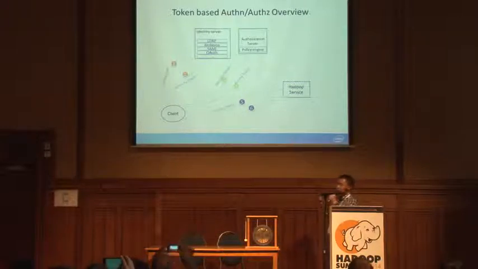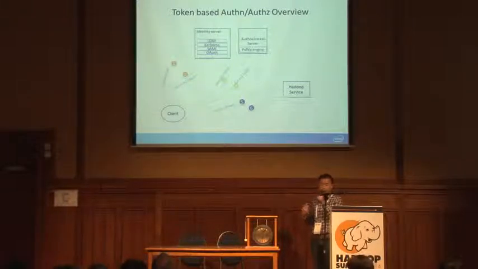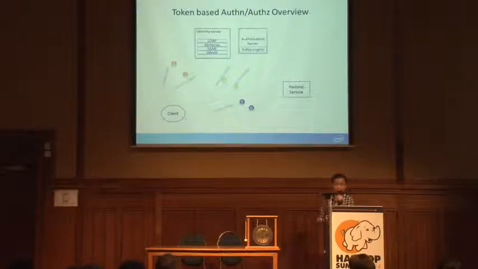Let's move on to the next page to see the overview of TokenOAuth. This picture will give us a big picture of TokenOAuth and show the position of the identity server and the authorization server in Hadoop. This picture also includes a brief workflow of TokenOAuth, but we will have a detailed introduction in the following pages. So in this page, I will highlight the identity server and the authorization server.